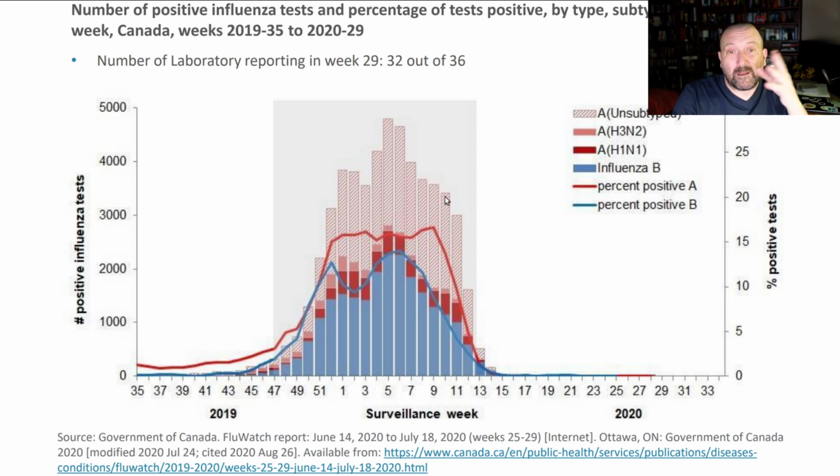But regardless of this, what you can see is that, for instance, at the beginning of 2020, so the end of January, beginning of February 2020, there were quite a few different types of influenza circulating in the Canadian population.